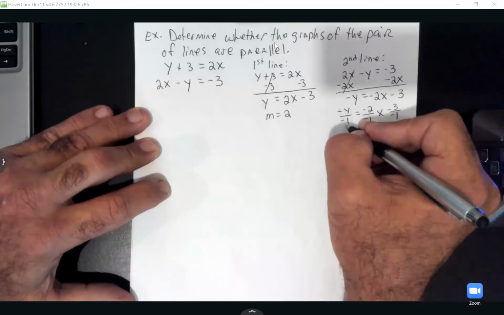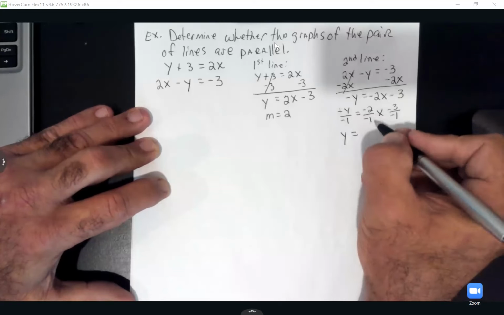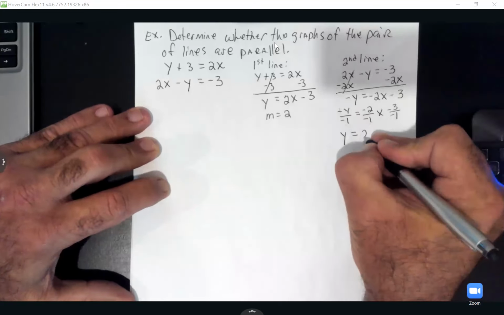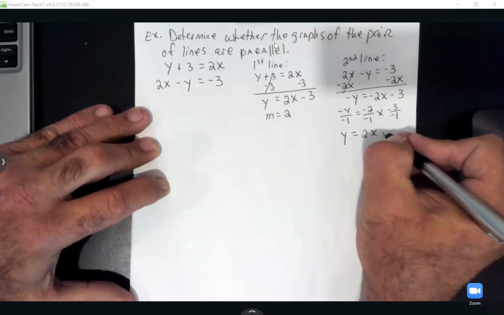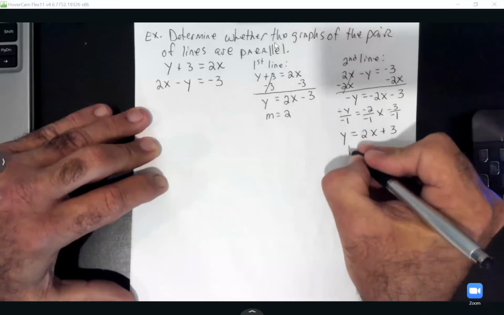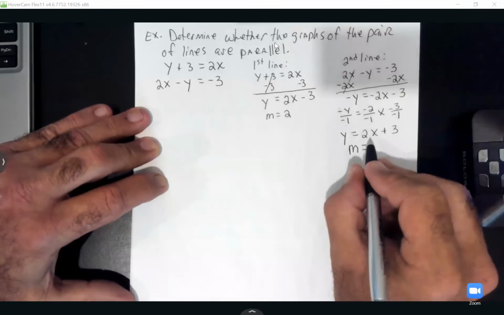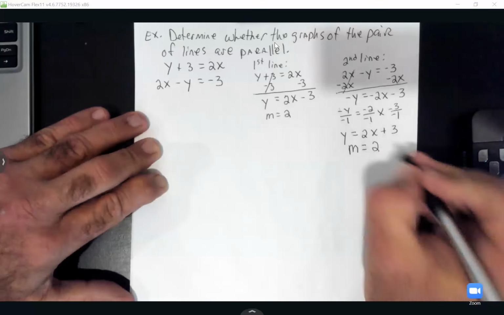So here the negatives cancel, giving me a y. -2 divided by -1 gives me a 2x. And then that -3 divided by -1 makes that a +3. So our slope of the second line is the number in front of the x, which is a 2.